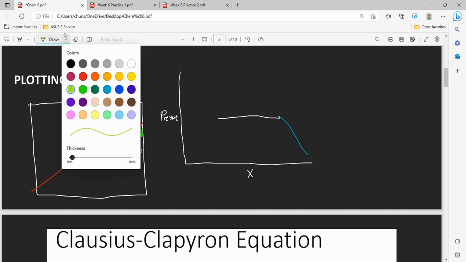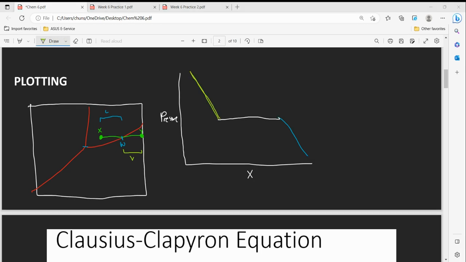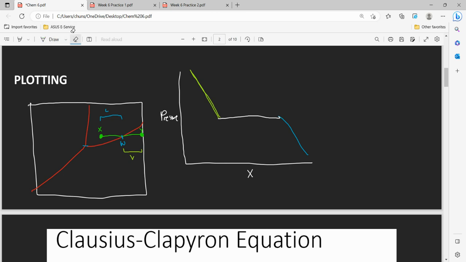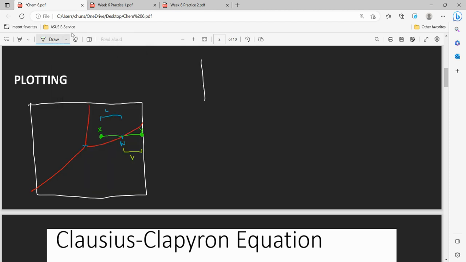And when we go from that point to vapor, it will look like that. Sorry, there's a mistake in my notes. Sorry, let me redo this. Sorry, this is a plot of temperature and energy.